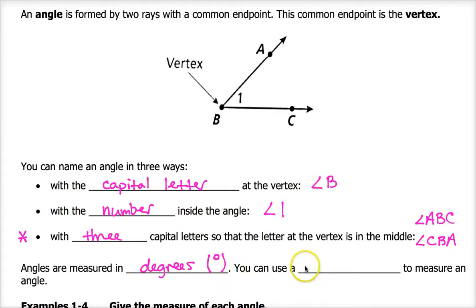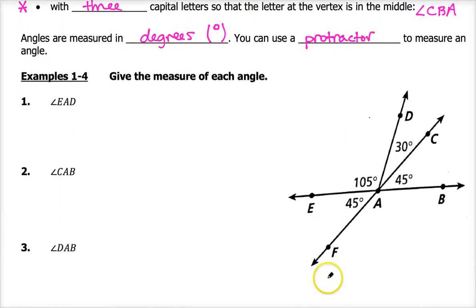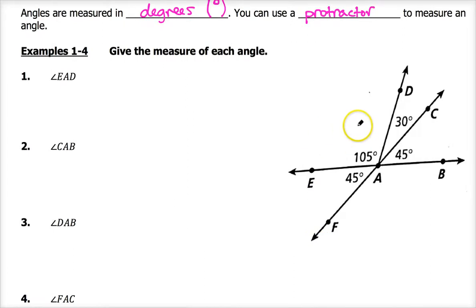And the tool we use to measure angles is what's called a protractor. We won't be using those in this video, but at some point we'll be looking at how to measure angles using protractors. So in these next 4 examples, you're given a figure on the right-hand side, and you're just going to be giving the measure of each angle.